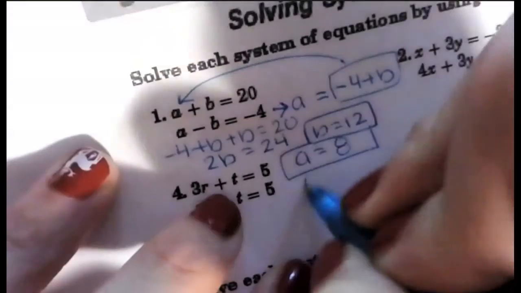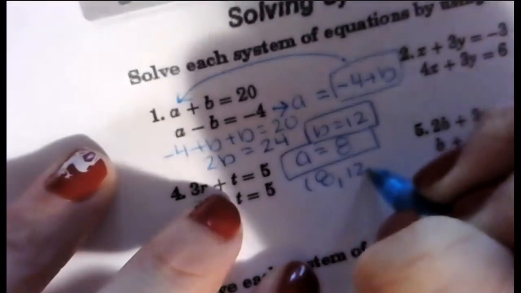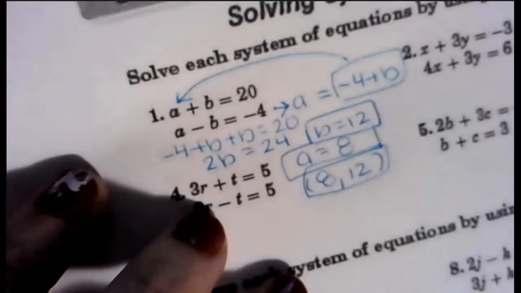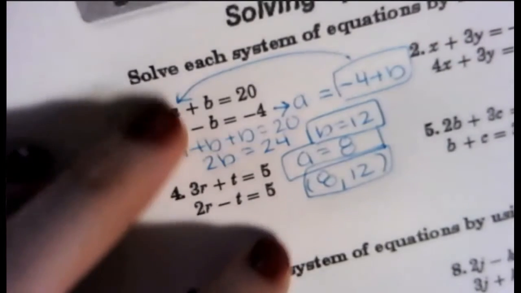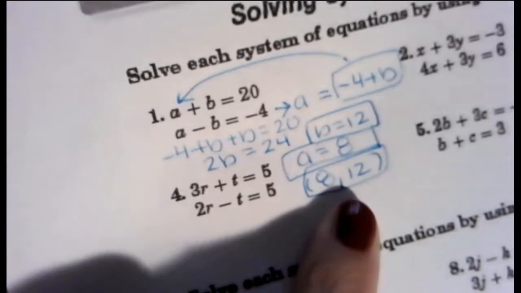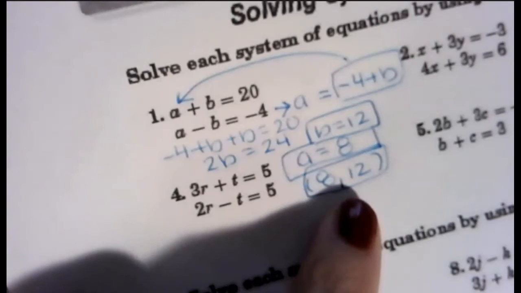So that's like the coordinate point, 8, 12. So if I were to graph both of these equations, their graphs would intersect at the point 8, 12. Intersecting lines are independent with one solution.